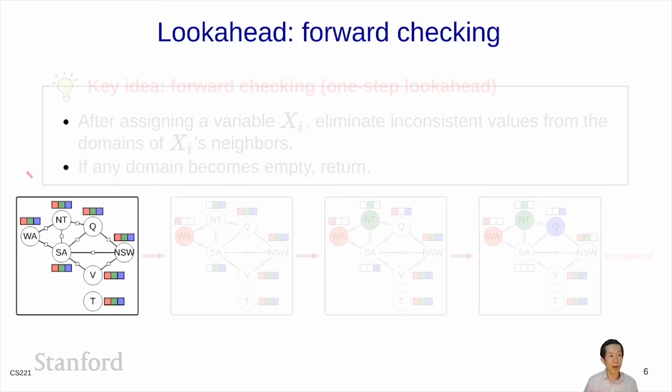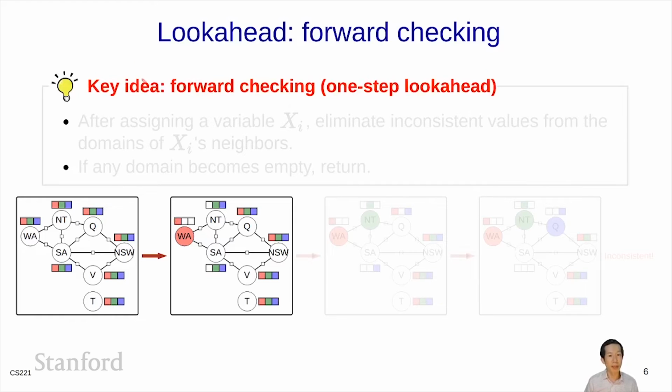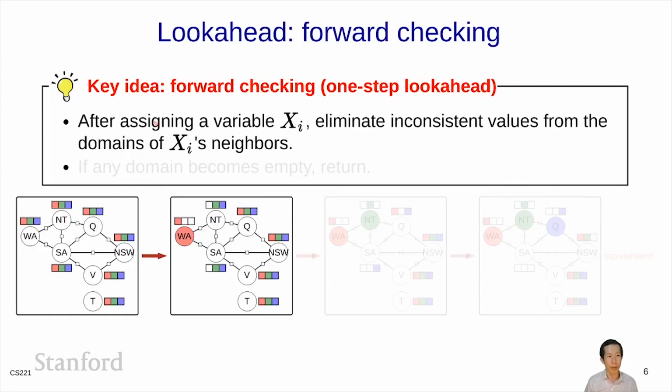Okay, so now we're going to set, let's say, WA equals red. So at this point, 2 things happen. First, we wipe out all the other values from that variable, which is clear. We set WA, we're committing to that. But in addition, what we're going to do is one-step lookahead, forward checking.